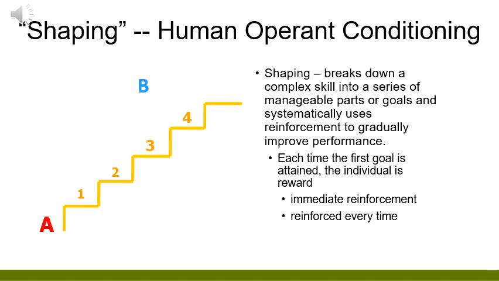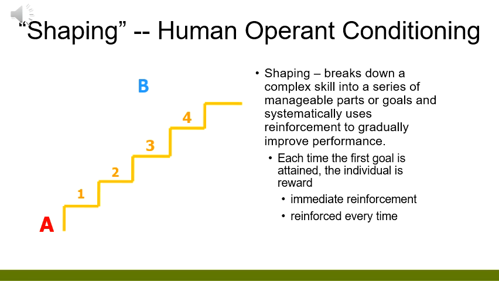So, like if you're starting at the bottom of a set of stairs where the A is, and you're trying to climb all the way up to the top to the B, each step on that ladder is positively reinforced. Each step that an athlete improves on from step one to step two to step three to step four, all the way to the top of the steps to B. Each time there's immediate reinforcement.